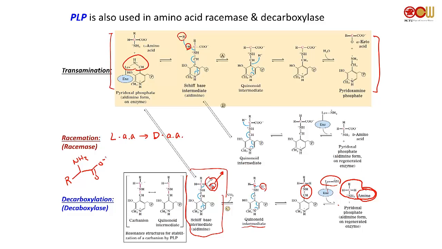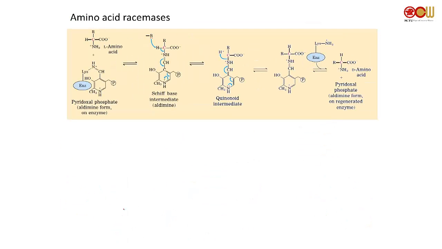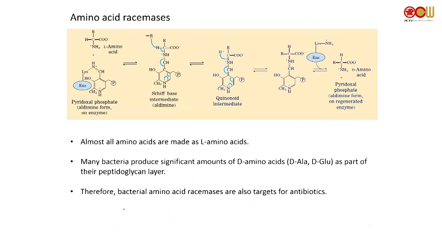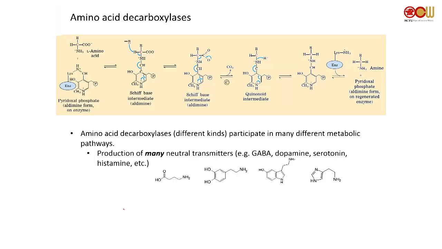If you do a decarboxylation of this guy, you remove out this, and it gives you primary amine. Okay, primary amine. All right, so these are the mechanisms. So in detail, so I just went through all of those.